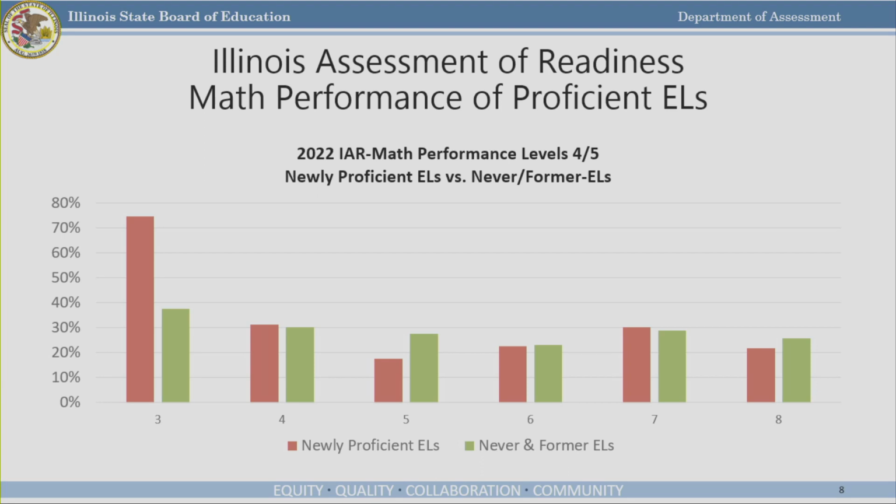They're very close in grades 4, 6 and 7, and behind a little bit in grades 5 and 8. Nevertheless, that proficiency that they're gaining, their English proficiency, seems to be carrying over well, although some of these students could have taken the Spanish version of the IAR math. I don't know what the mix is here, but that's another factor that could be at play.